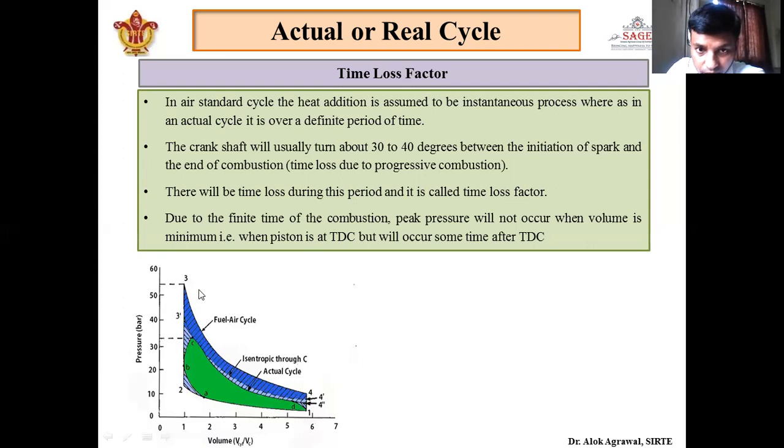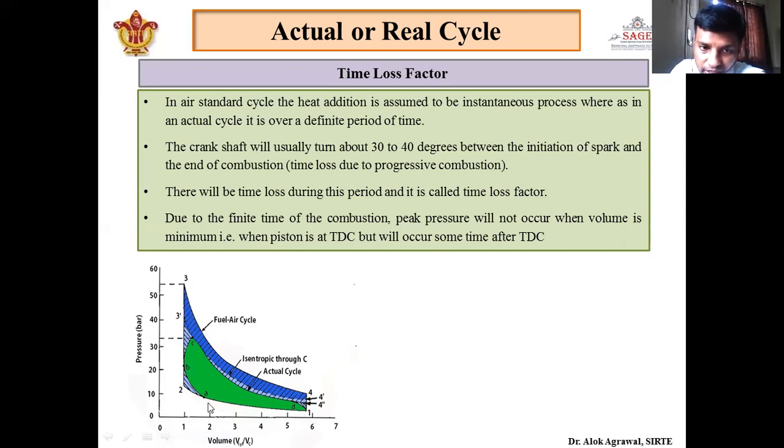But because of the finite time of combustion, we will not get this peak pressure when the volume is minimum. What does it mean? In the ideal cycle, we consider that the maximum pressure takes place when the volume is minimum.